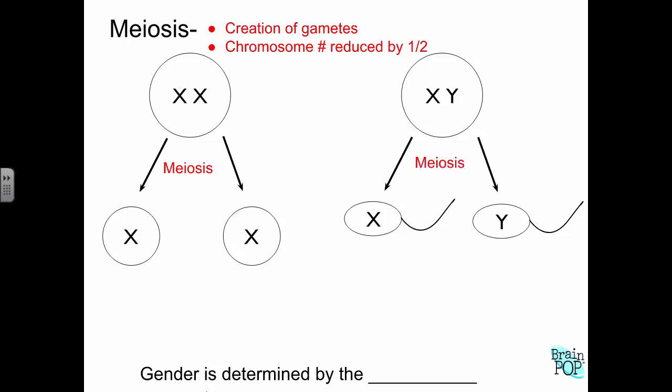So they go through meiosis, and during meiosis, you actually produce 2 gametes for every normal body cell that's producing these sex cells, because it splits, and now you have one of each half of those sex cells. So in the female, we have our 23rd chromosome as an XX pair, correct?